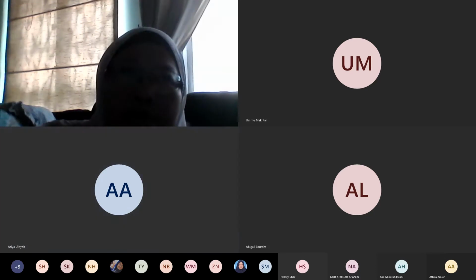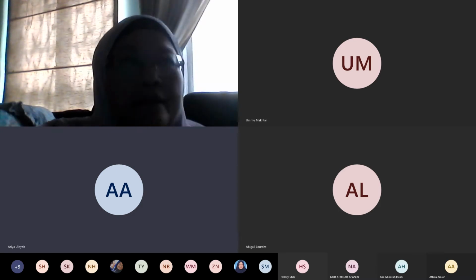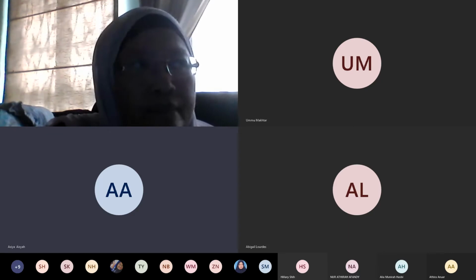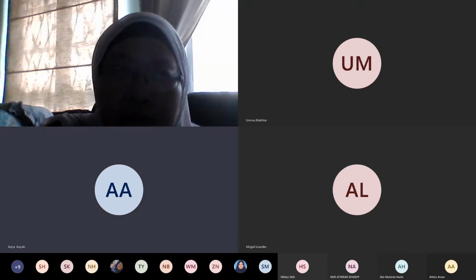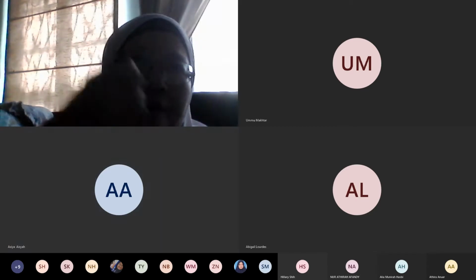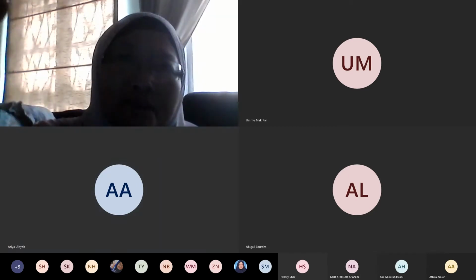But there are some noun phrases that have a determiner in it. Let's say, the door. The is the determiner and door is the noun. Determiners only occur with nouns.